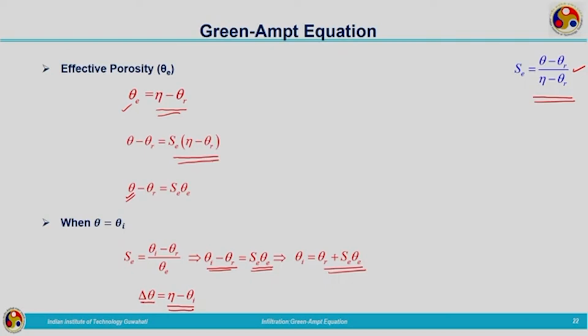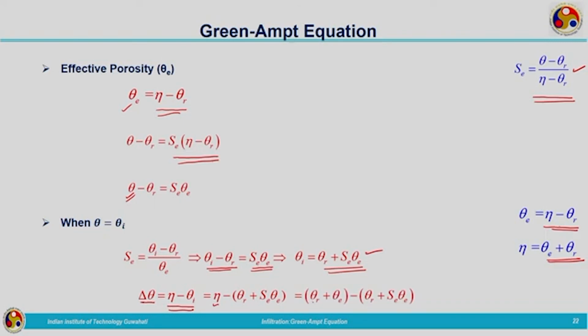This expression we will modify a little bit by substituting for theta I from this equation, eta minus theta R plus SC theta E. Here we have eta minus theta R plus SC theta E, but we know theta E, the effective porosity, is eta minus theta R. So eta is nothing but theta E plus theta R. Porosity is written in terms of residual moisture content and effective porosity. That we will substitute in this equation.